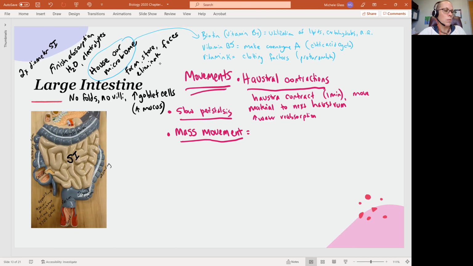With the mass movement, we can call them strong waves that are going to quickly force material, and here I'm just going to say feces, to the rectum. So this is a little bit more aggressive than peristalsis, but it's the same sort of squeezing the toothpaste, wave-like action. It's just more aggressive.